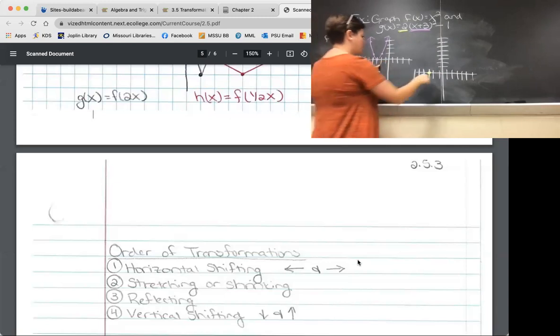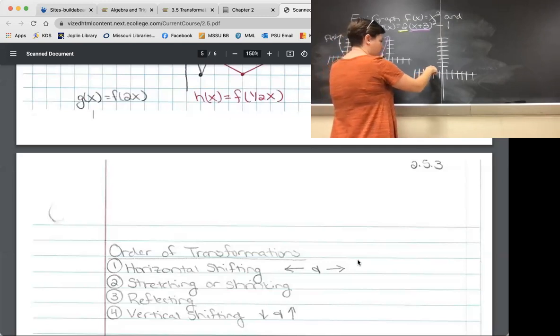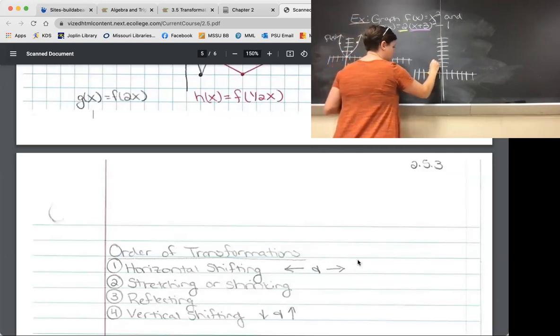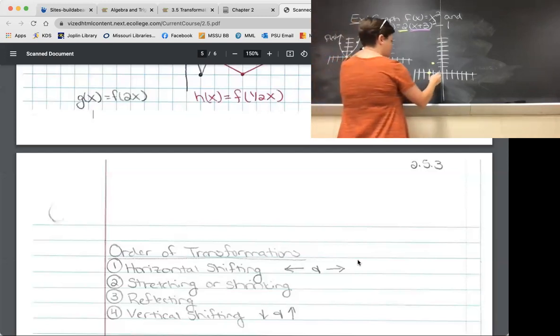I had the point -2, 1, but I'm going to multiply that y value, 1, by 2, so it's going to come up to -2, 2. I had the point -1, 4, but instead of it being -1, 4, I now have to multiply the y value for that by 2, so that will be -1, 8.